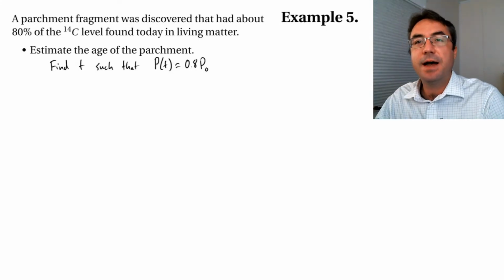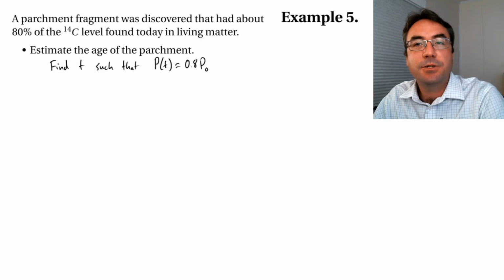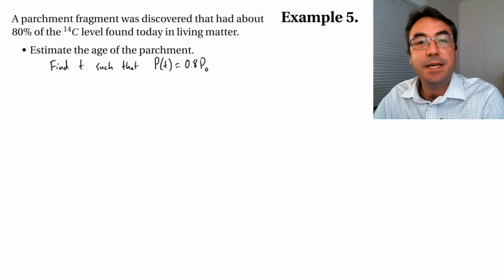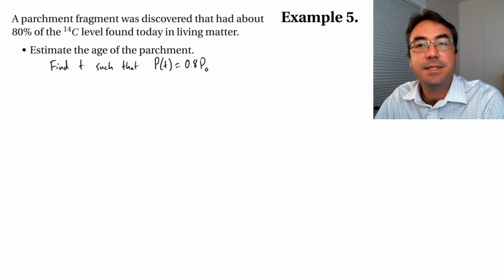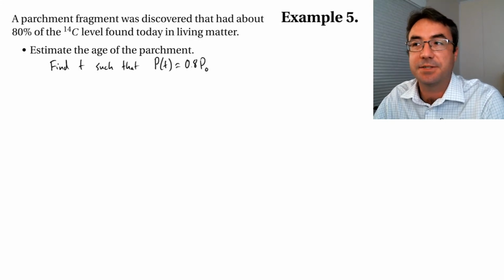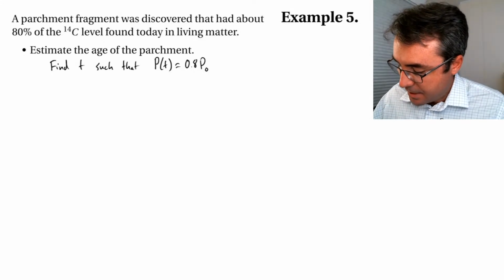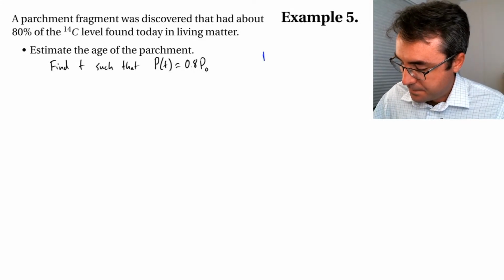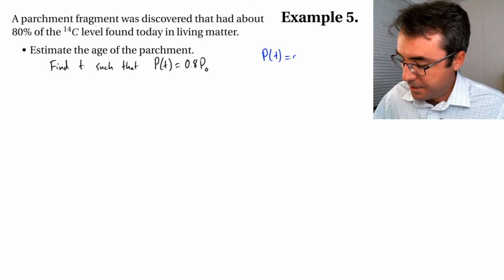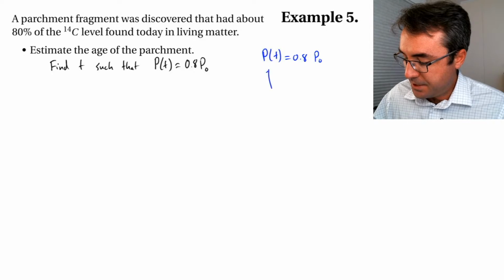So what we're trying to find in order to estimate the age of this parchment, we want to find the time t such that P of t is equal to 0.8 times the starting mass. So when we look at this, P of t equal to 0.8 times P0, the P of t is the present amount of carbon-14.